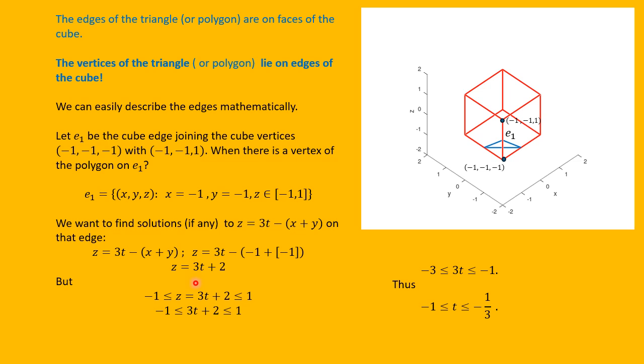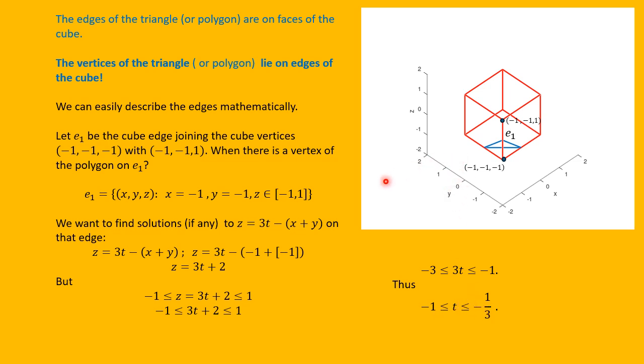But let's remember that z has to be between minus 1 and 1. So that says that 3t + 2 is between minus 1 and 1. If we subtract 2 all the way through these inequalities, we get minus 3 is less than or equal to 3t, which is less than or equal to minus 1. Dividing these inequalities by 3 tells us that t is between minus 1 and minus 1/3.